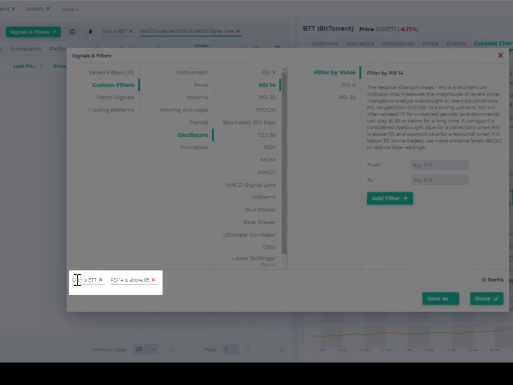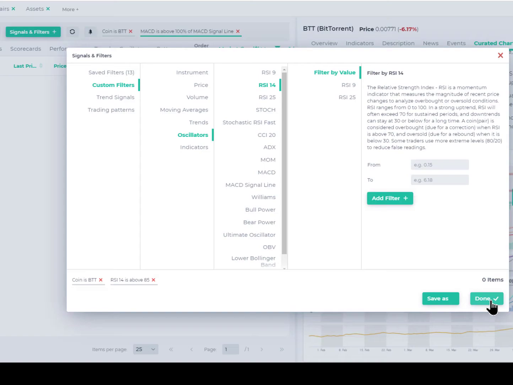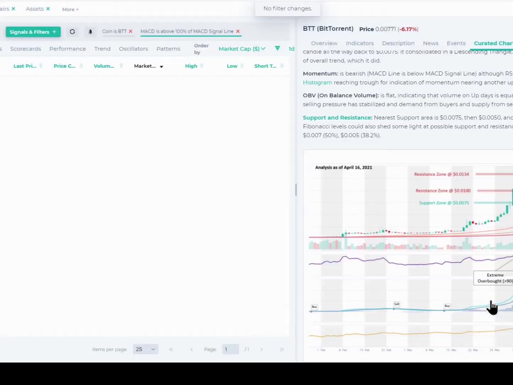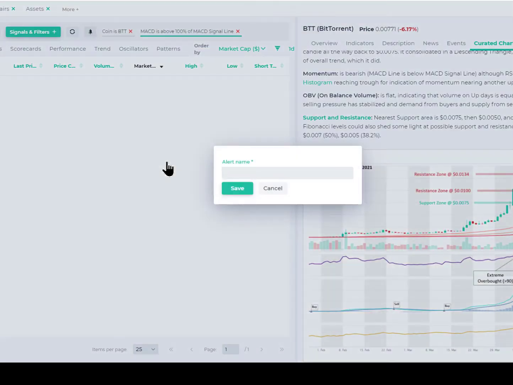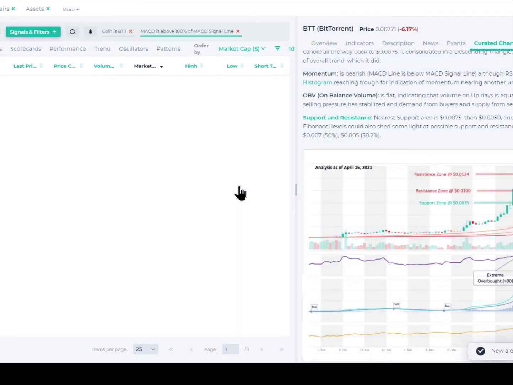So again, what I have in my filter is that Bittorrent is the coin, RSI 14 is above 85. That's extremely overbought. Filter is finished. I'm going to now create an alert out of that that says BTT RSI 14 over 85. I know that means overbought, extremely overbought. Saved. Great. Now I'm ready.